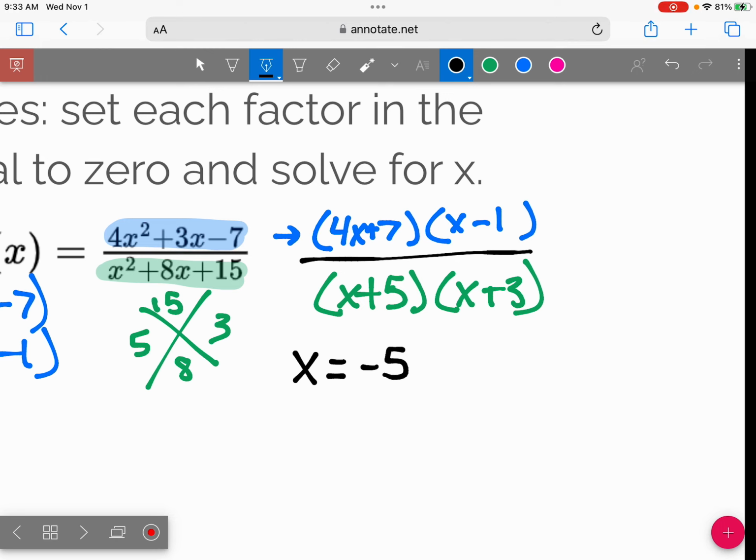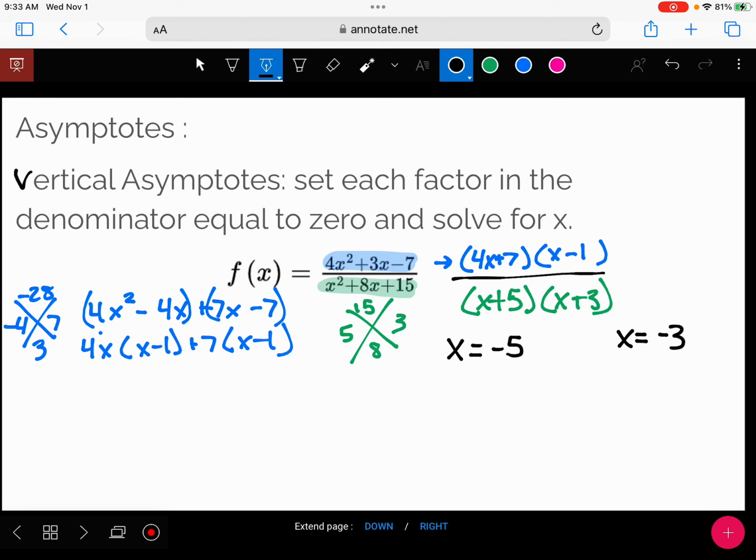It is a vertical line, that is the equation for the line. And x equals negative 3. So these are our vertical lines. We usually draw them as dashed lines, if you remember that from Algebra 2, which we will get into graphing eventually, tomorrow in fact.